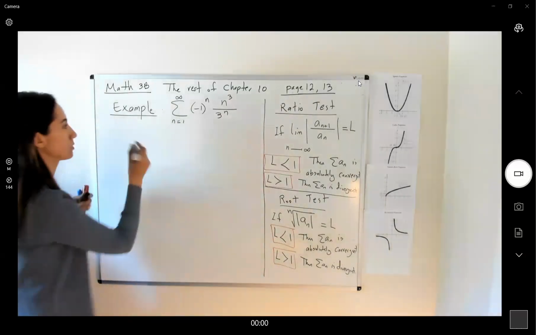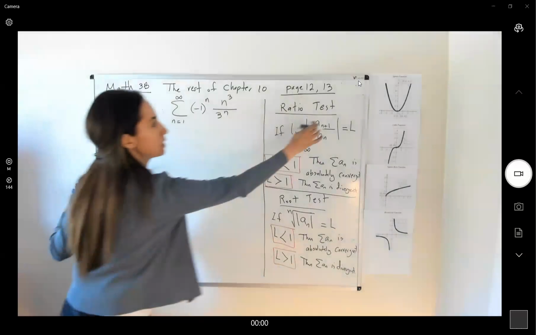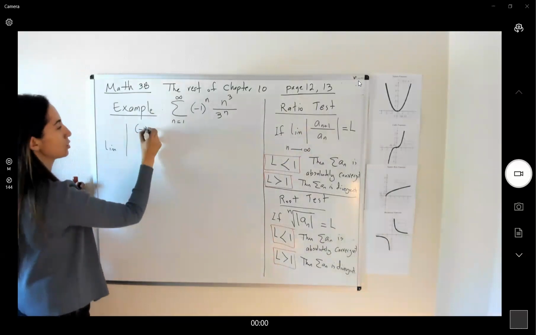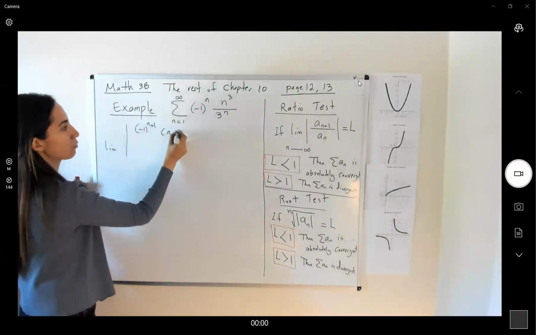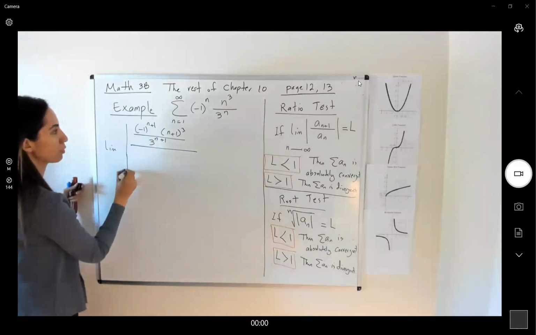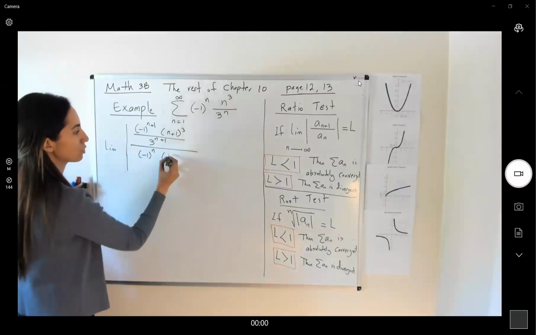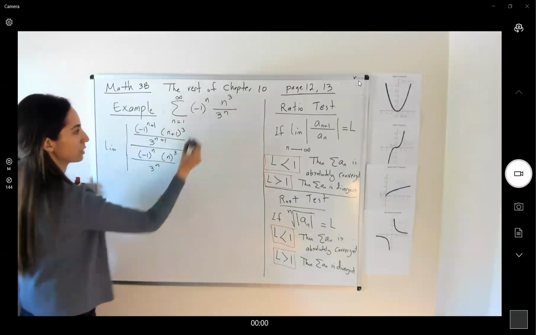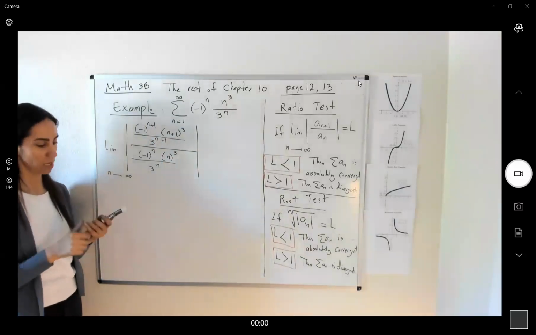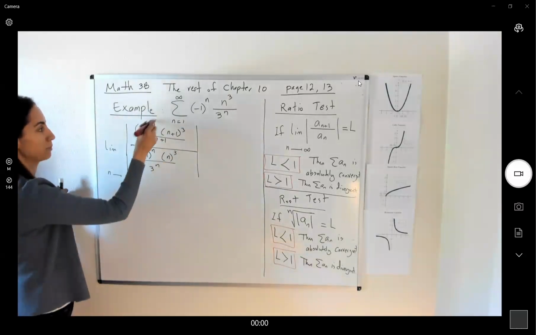We're taking the limit of the absolute value of a_(n+1), which means (-1) raised to n plus 1, times n plus 1 to the third, divided by 3 raised to n plus 1. The whole thing is divided by a_n, which is (-1) to the n times n to the third, divided by 3 to the n. We take this limit as n goes to infinity. Note that since you have the absolute value, you can get rid of the -1.